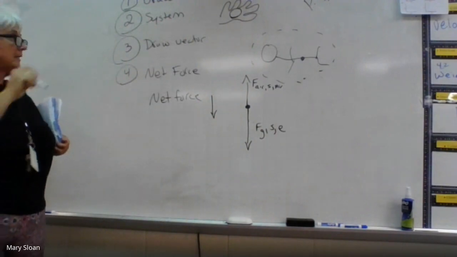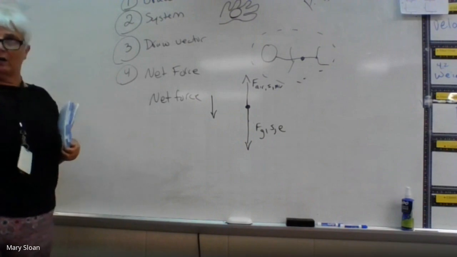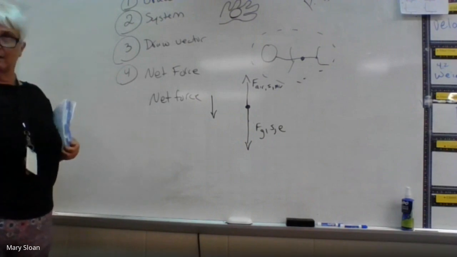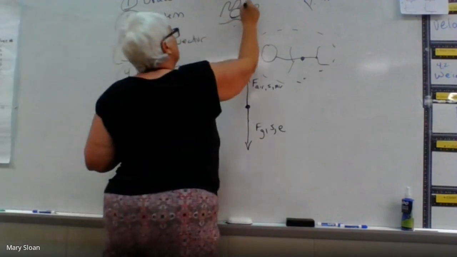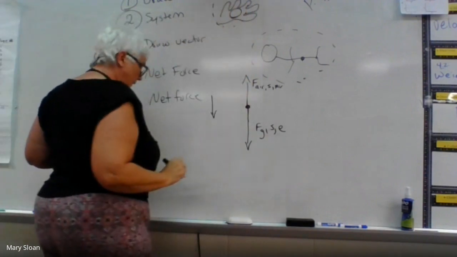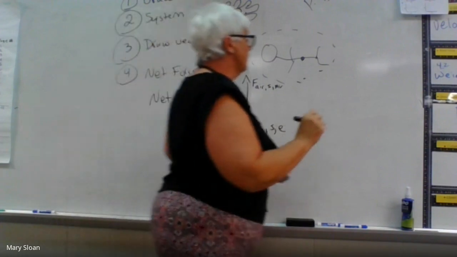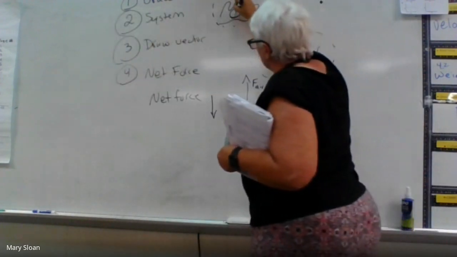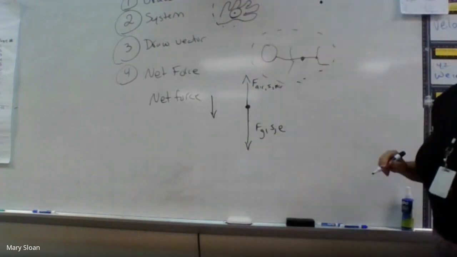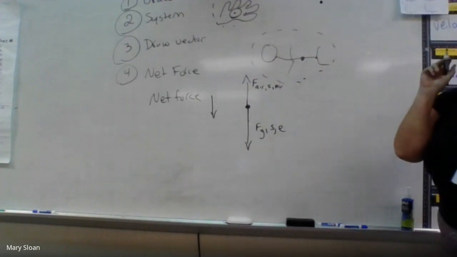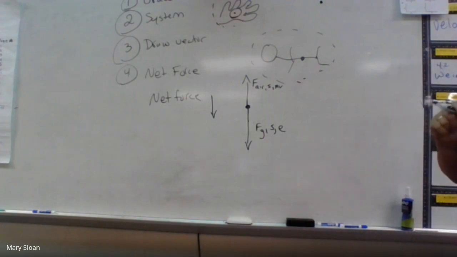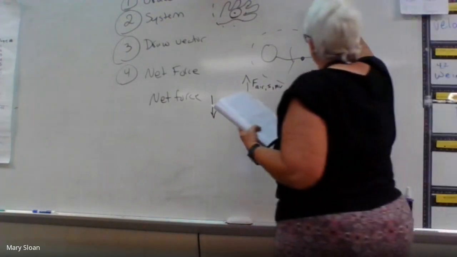What object is going to identify our system? The ball or the hand? The ball, right? Okay, so draw a little circle around it. Next thing we're going to do is put our dot. This dot right here represents this ball, right, guys? Now, let's think about the ones that we used yesterday. What force is going down?